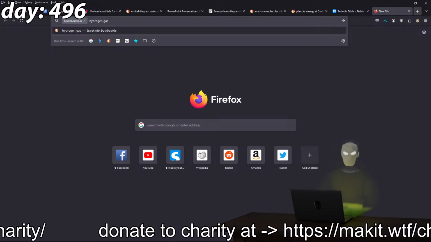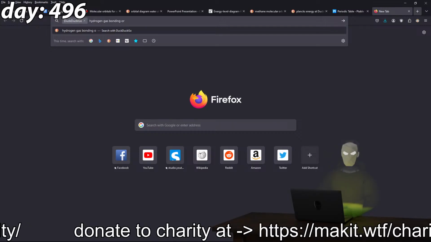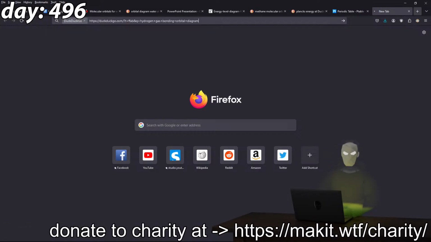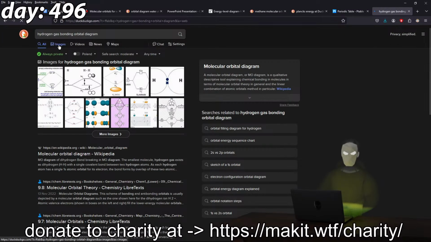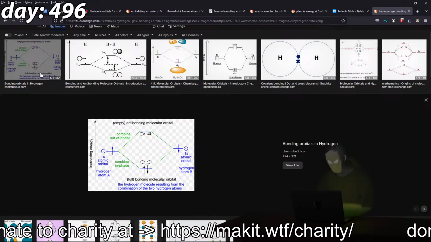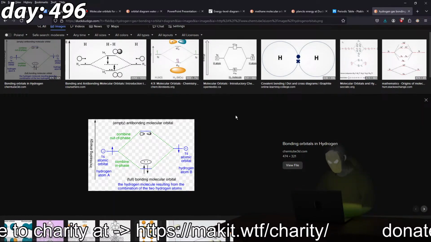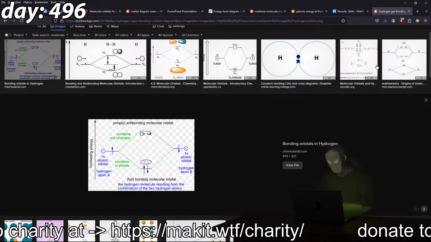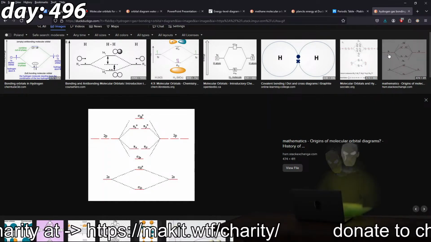Gas, bonding orbital diagram. With energies, if I may. That's fluorine.